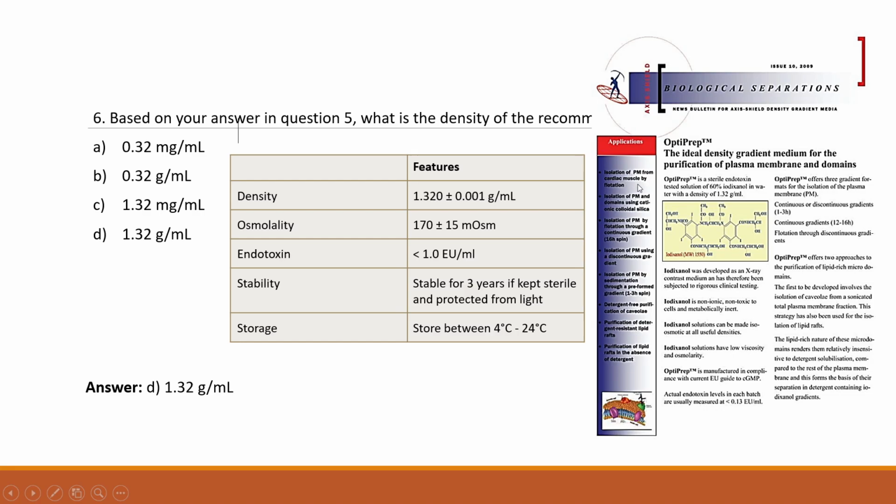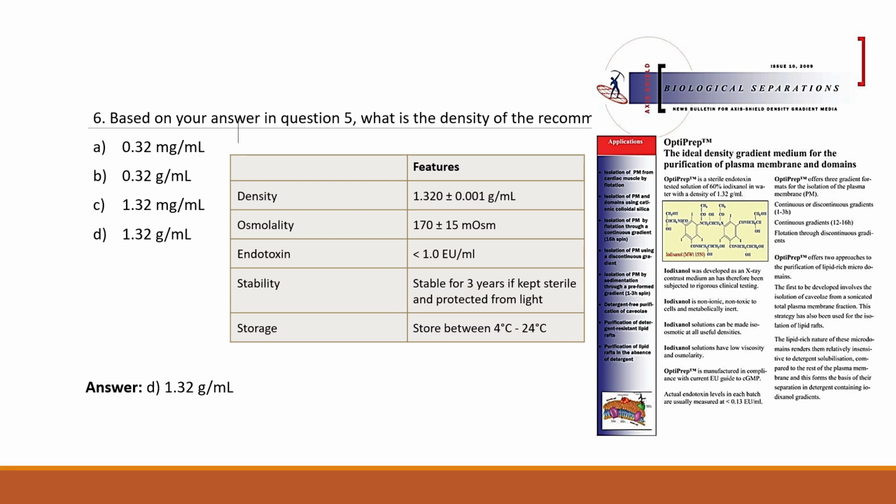In the applications they have given, it is used for isolation of PM from the cardiac muscle by flotation. So they will tell you in which method you can use it for what particular isolation. Then isolation of PM and domains using cationic colloidal silica. Then isolation of PM by flotation through a continuous gradient at 16-hour spin.